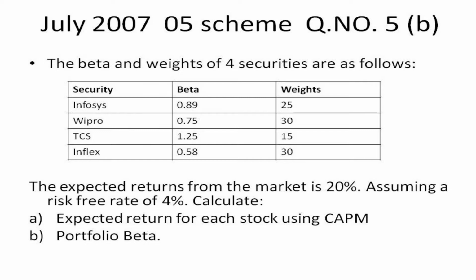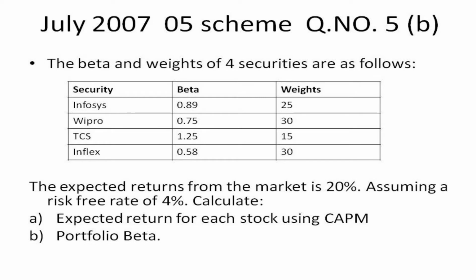Weights are 25, 30, 15 and 30 in terms of percentage. The expected return from the market is 20%, assuming a risk-free rate of 4%. Calculate the expected return for each stock using CAPM and find the portfolio beta. Simple problem it is.